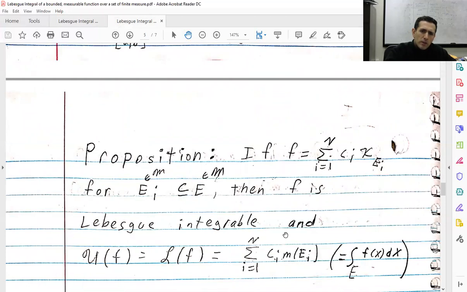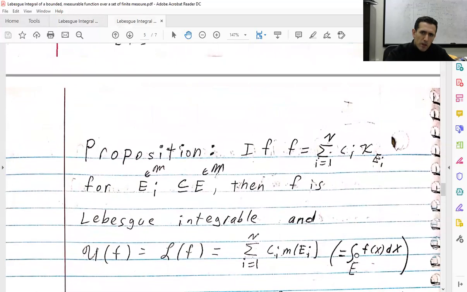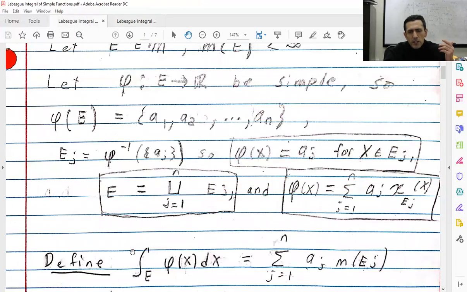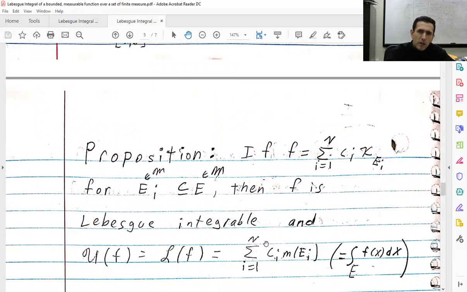So, and here I'm just reminding you that if this is true, then this common number here is the Lebesgue integral. All right, so how do we prove this? And we're also justified in writing this because it's unambiguous whether we're using this upper-lower definition or essentially using this definition. They're going to be equal.